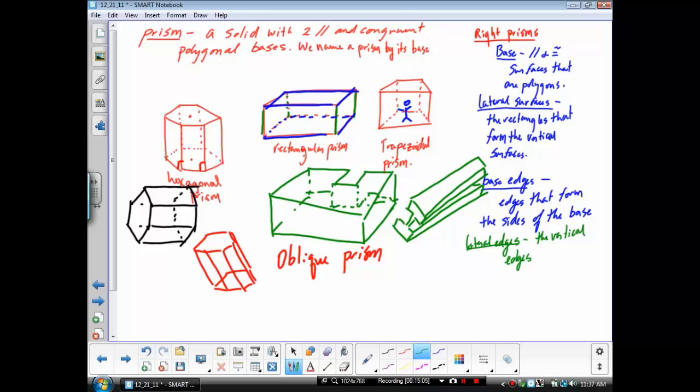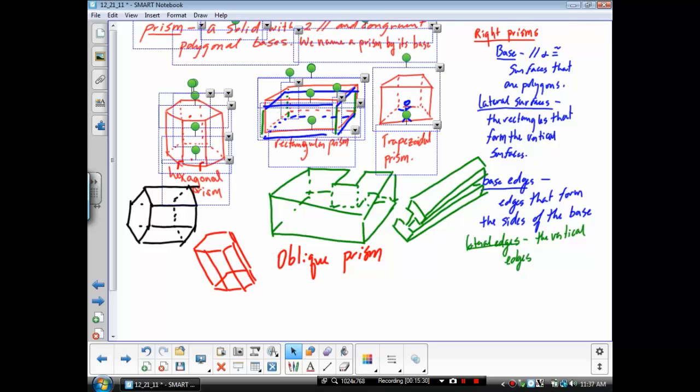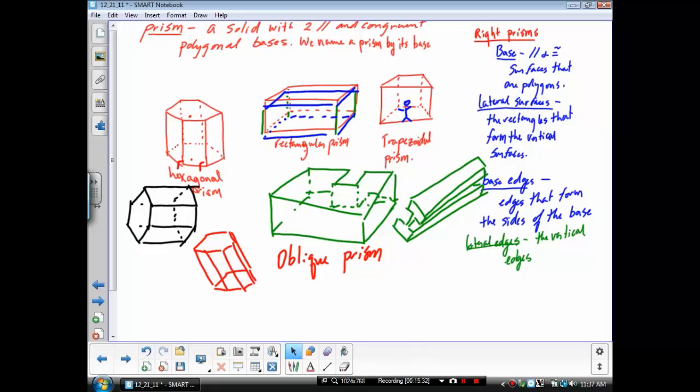Okay? Your surfaces that are the bases are the I shape. The lateral surfaces are these rectangles that go around the edge. That is still a prism. And you can find its volume or its surface area the same way that we're going to talk about how to find the volume and surface area of, say, this prism right here, or any of those prisms. Okay.